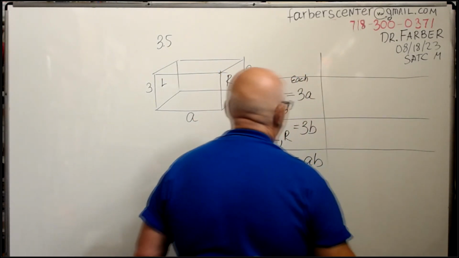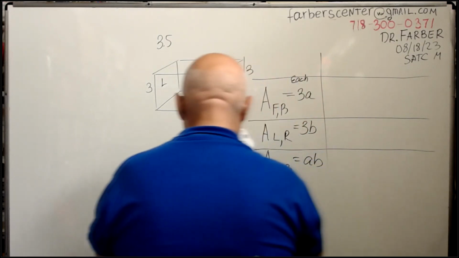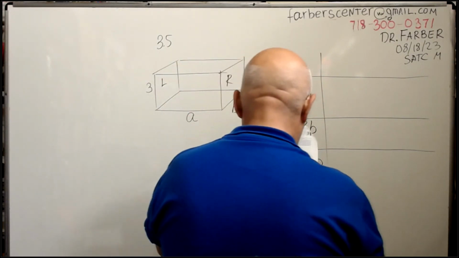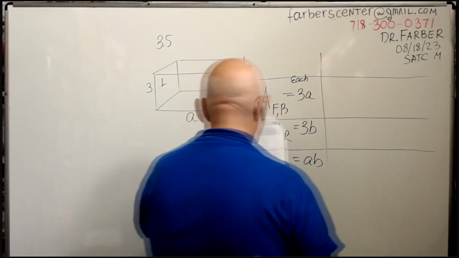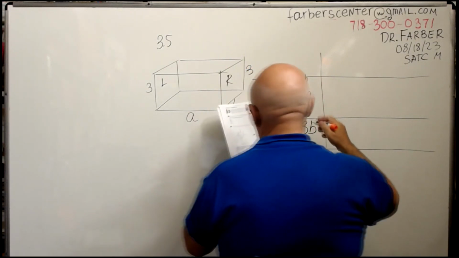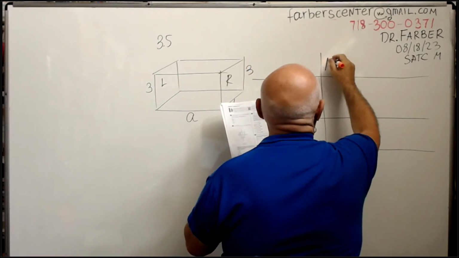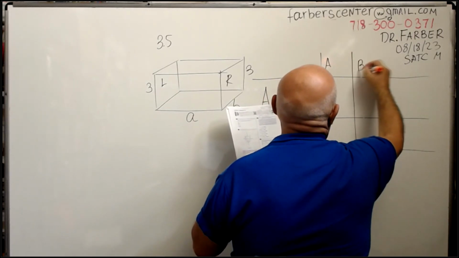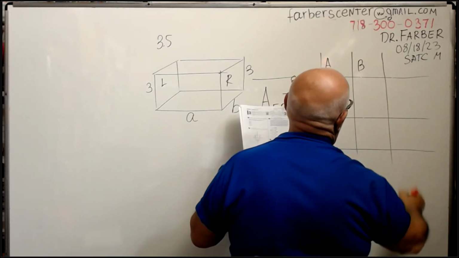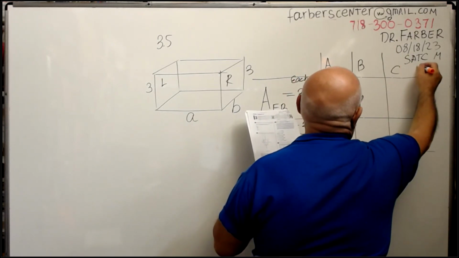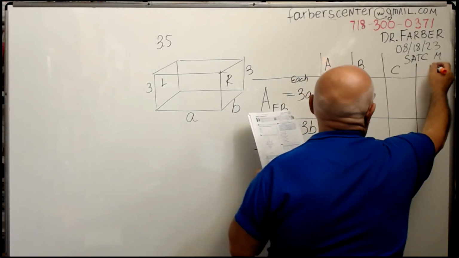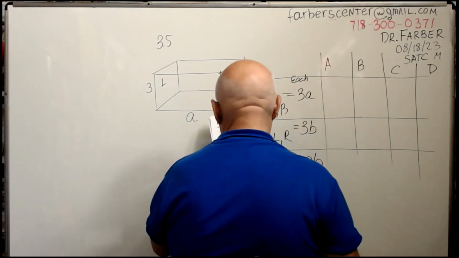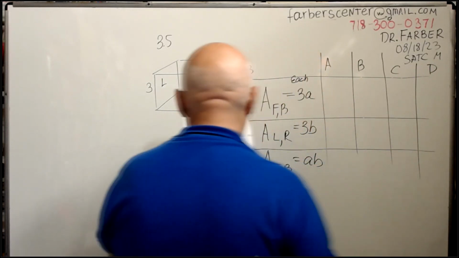Now, I look at the multiple choices. Write them out: multiple choice A, multiple choice B, multiple choice C, and multiple choice D. Incorporate this data.